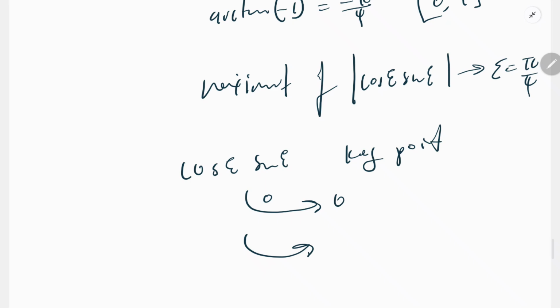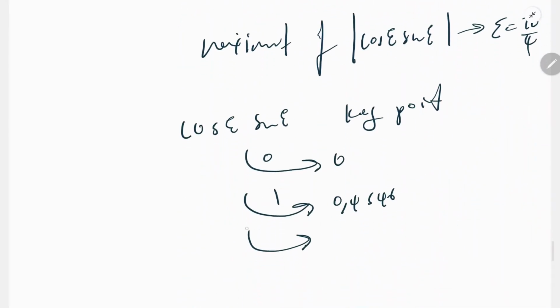At 1 we're going to get 0.4546, and at the one we just computed, pi over 4, we're getting 0.5. So from all this plugging in, we see that on our interval the max that we get is 0.5.